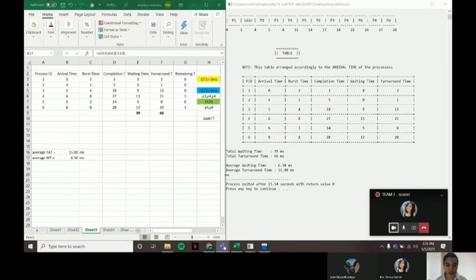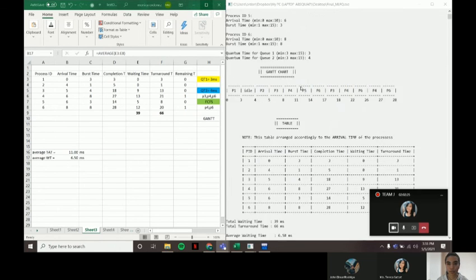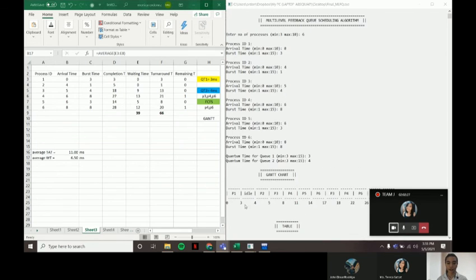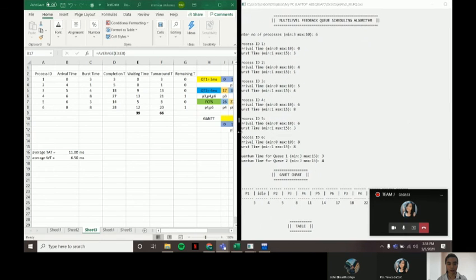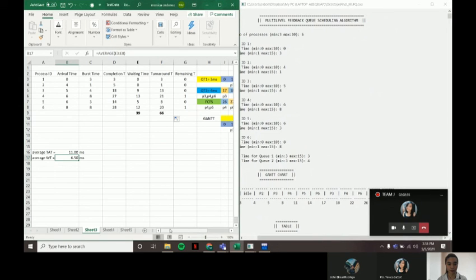The average waiting time is 6.50 milliseconds and the average turnaround time is 11 milliseconds. This shows that the output of our program is the same as the one that we computed.